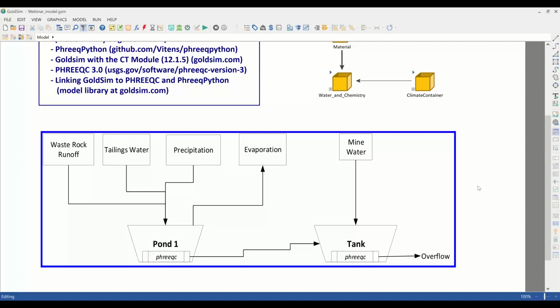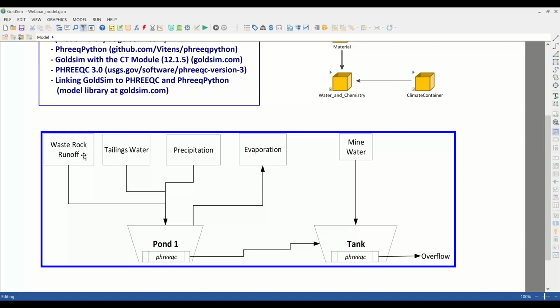And so there's a schematic shown here. It's sort of a conceptual model of a very simple system. I work mostly in mining type applications, so you see a lot of mining related terms like waste rock and tailings. But in this particular example, we have a pond, and it has basically 3 inputs of water.